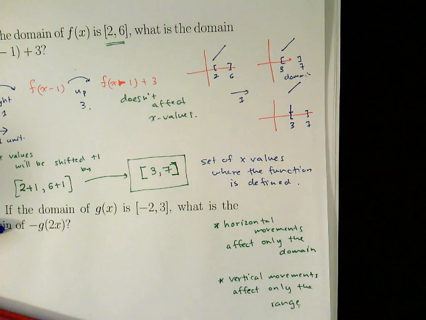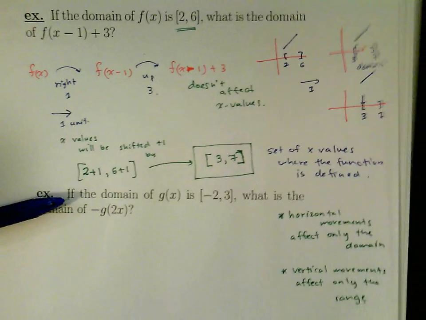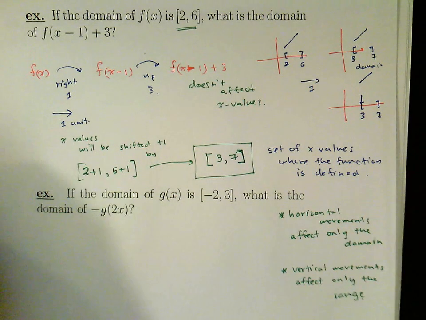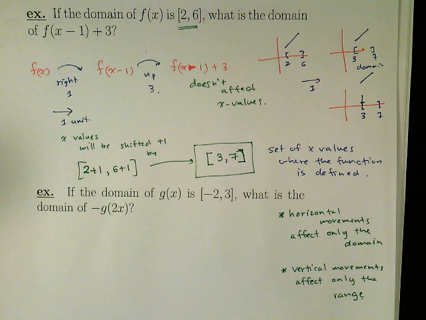So you don't have to do the whole series of transformations. Just look at the function and think of what the vertical or the horizontal transformations are. Okay, so let's see what happens here.